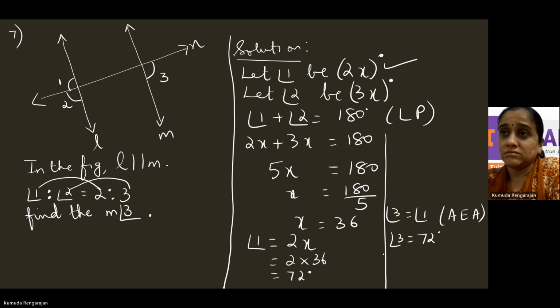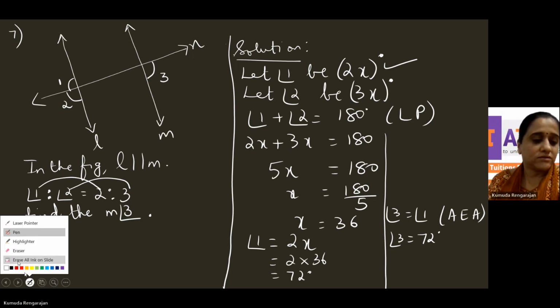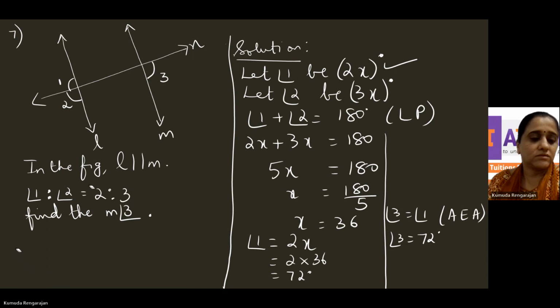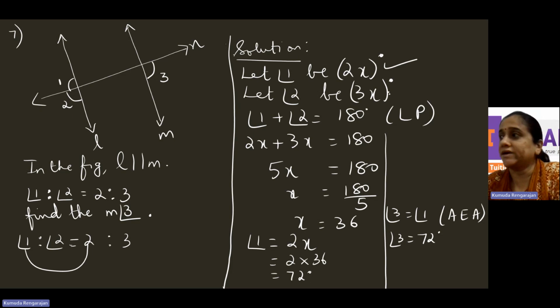No, it's given here. See, angle 1 is to angle 2 is equal to 2 is to 3 is given. That means angle 1 is 2 parts, so 2x, and angle 2 is 3 parts.